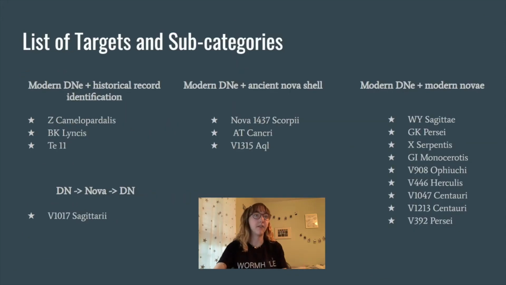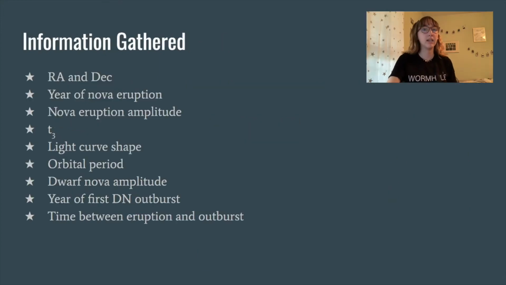These are the list of all our targets and the subcategories we found. Modern dwarf novae with historical record identifications, modern dwarf novae and ancient nova shells, which I'll talk about later, and modern dwarf novae plus modern novae. And we had one special case of an observed dwarf nova before the nova was observed and after. So this was all the information we wanted to gather on our targets.